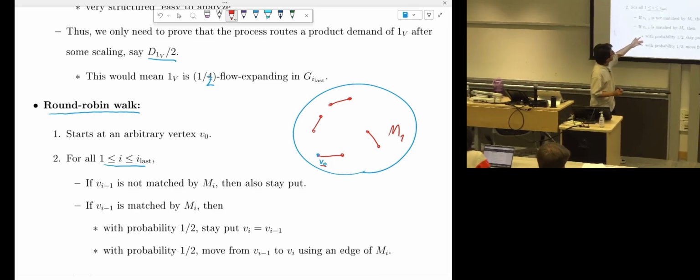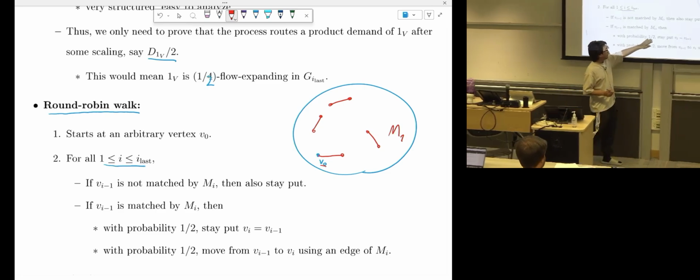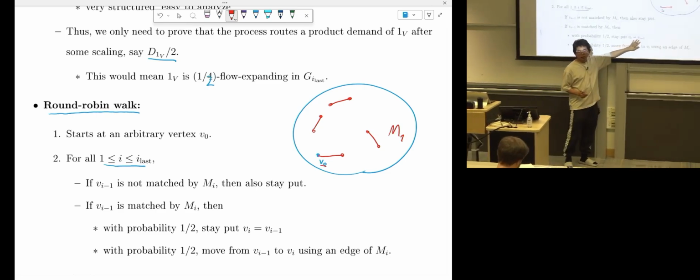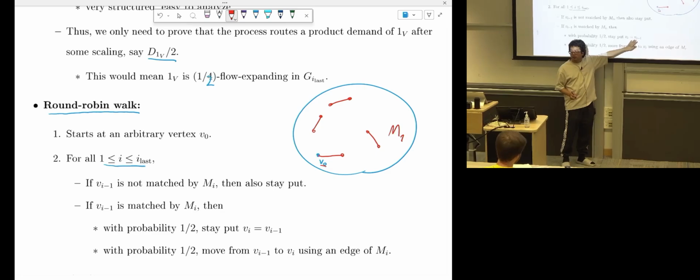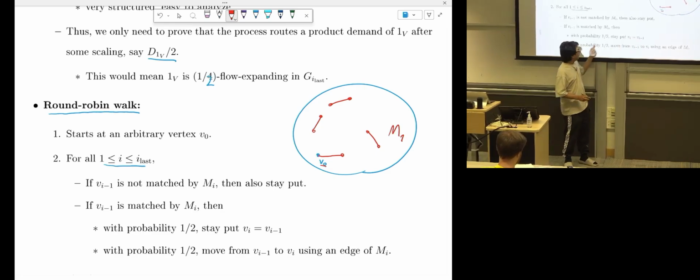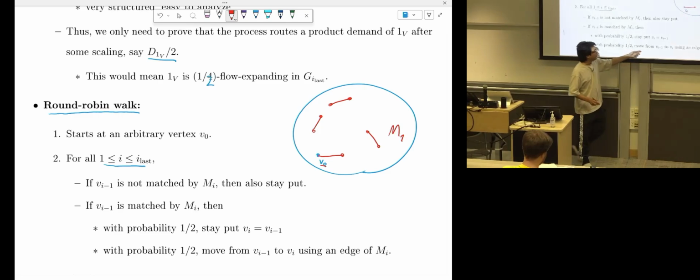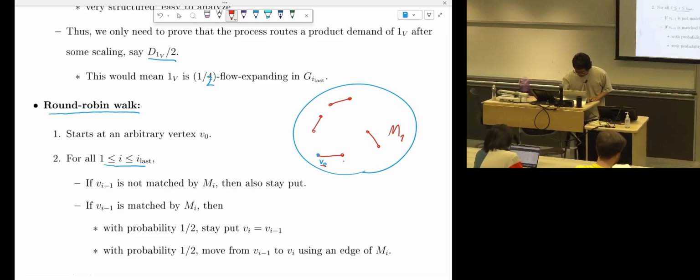With probability half, we just stay put, at the same point. With probability half, we move from V0 to V1, where V1 is the matched endpoint along the matching edge.